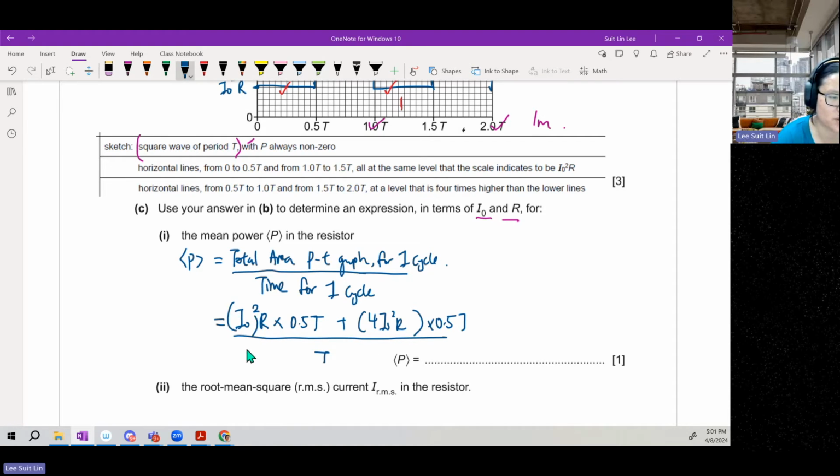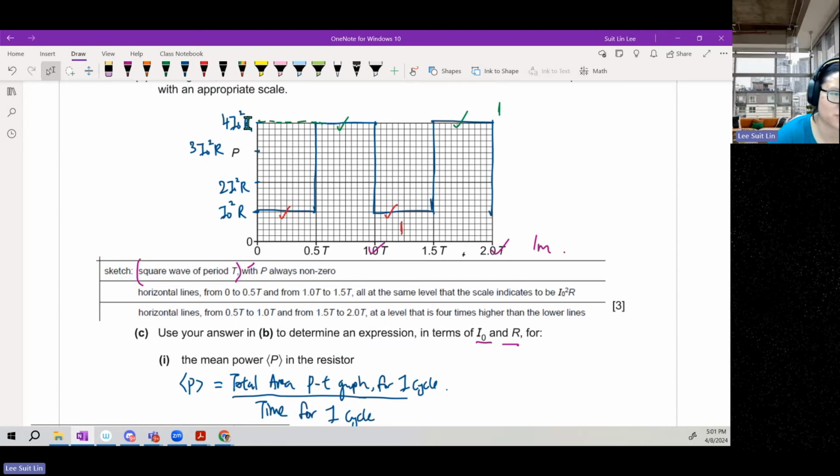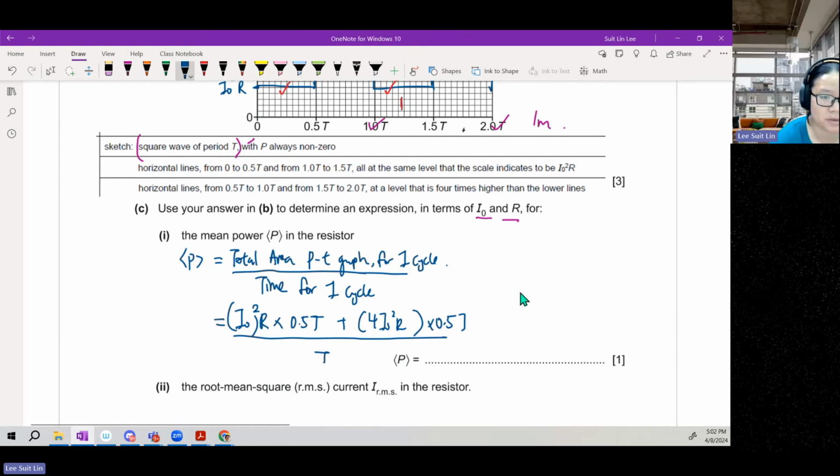So I'm looking for the area. I0 square R times 0.5, and this one is 4 I0 square R times the horizontal axis 0.5. Then my mean power would be I0 square R plus 4 I0 square R times 0.5. The t and t will cancel off, or divide by 2.